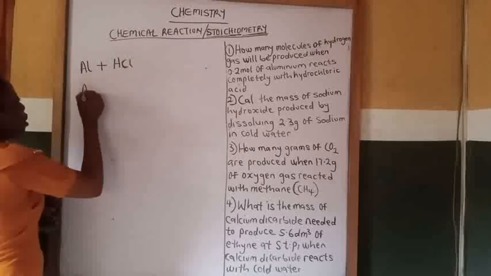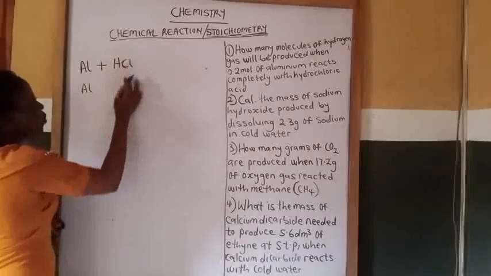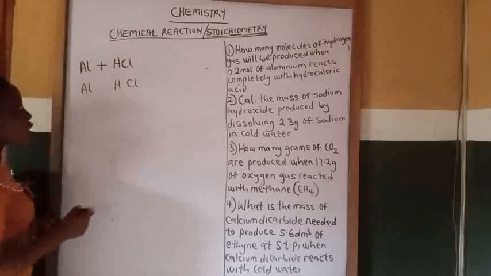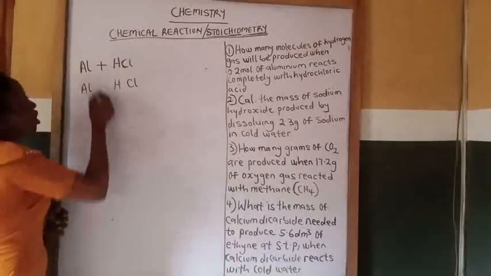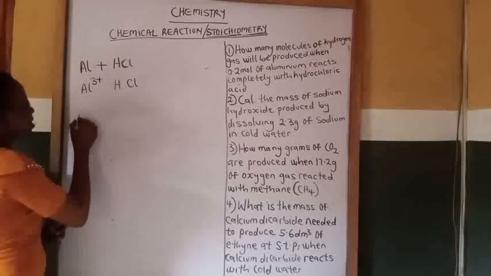Then at this side we have aluminium. For the second reactant particle, let's break it down into hydrogen and chlorine because we have two atoms there. Then what is the charge on aluminium? The charge on aluminium is 3+. Why? Because aluminium is number 13.